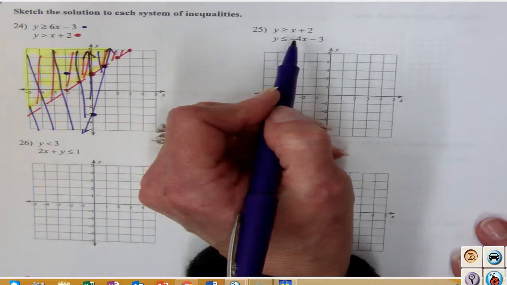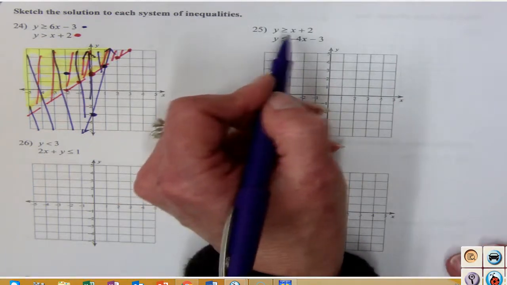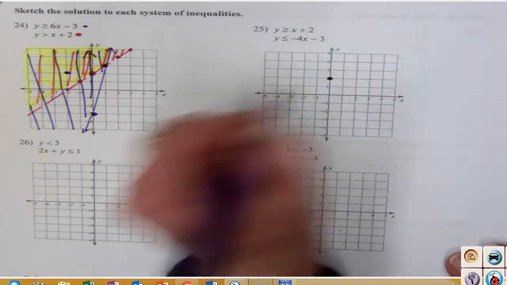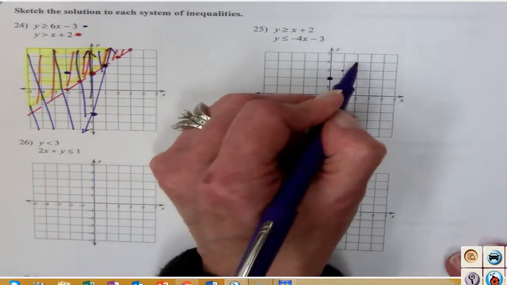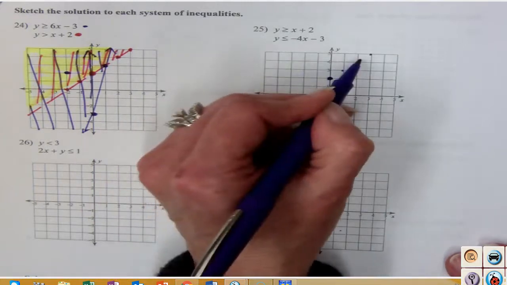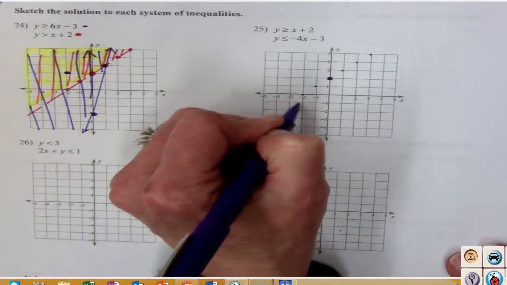Number 25, we're going to graph this. This is my y-intercept. My slope is 1 over 1, positive, positive, or negative, negative.